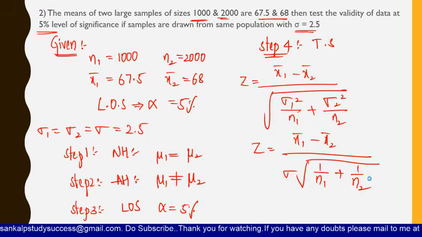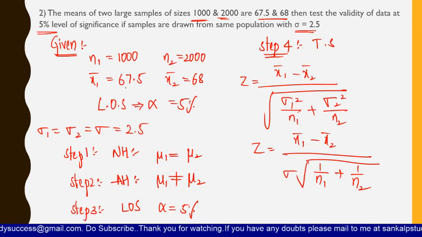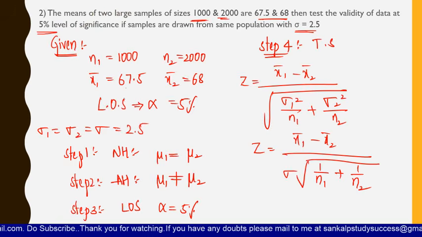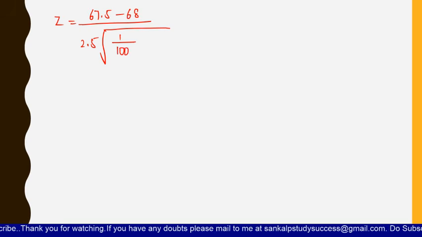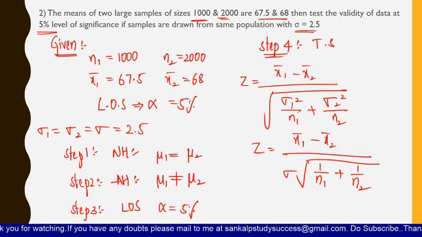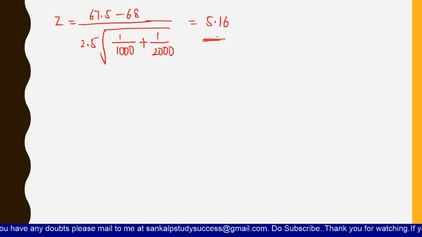Now let us substitute: z is equal to 67.5 minus 68 by 2.5 into the square root of 1 by 1000 plus 1 by 2000. If you calculate this value, you will get 5.16. So this is the value of the test statistic.